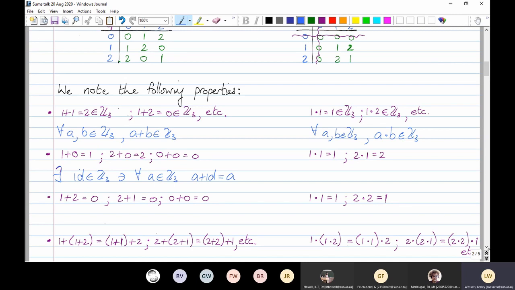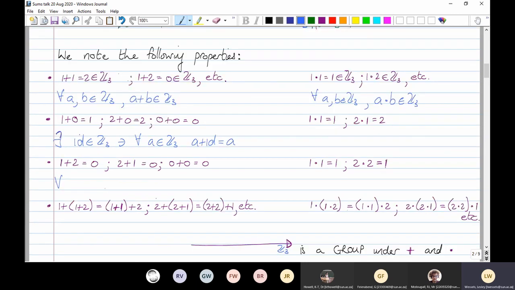In other words, for all A in Z3, there exists minus A in Z3 (or in ZP, I'm just using Z3) such that A plus minus A gives me that identity. And remember, this is just my zero element.